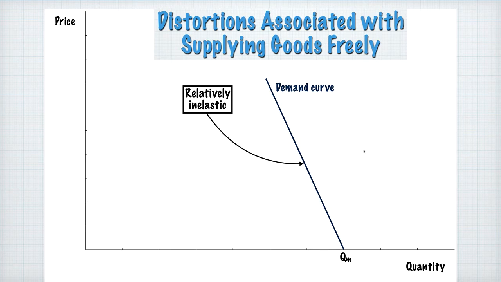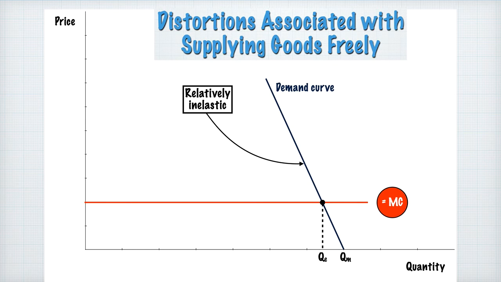It is relatively inelastic. So we have the same marginal cost, and for the efficient outcome, it will be where marginal cost is equal to demand. That would be equal to QE. If we were to provide this good freely at zero price, individuals would demand QM, and the distortion would be the consumption of goods above QE to QM because marginal cost is greater than the marginal benefit.